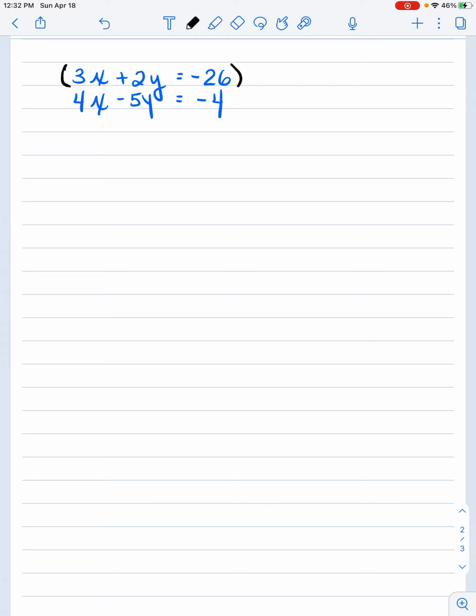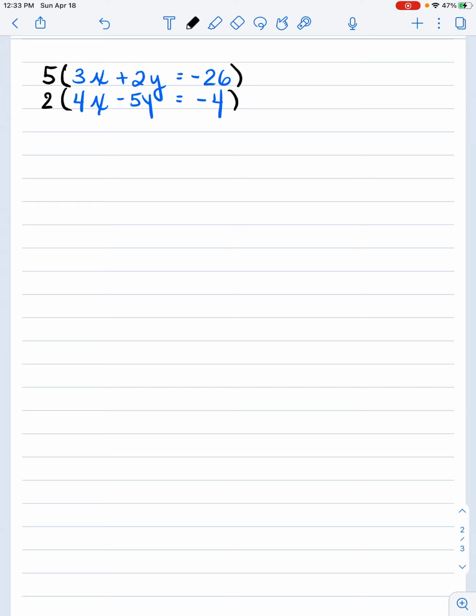So I'm going to multiply the first equation by 5 because the least common multiple of 2 and 5 is 10, and that's the variable I want to cancel out, which is the y. And then I'm going to multiply the second equation by 2, right? Because then I'm going to get a 10 in each of these. So let's see what happens.